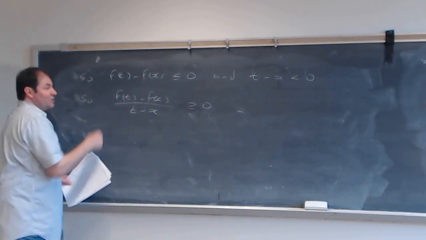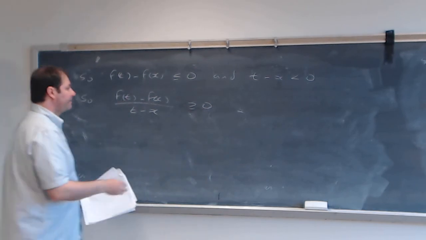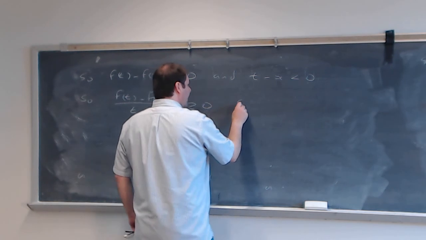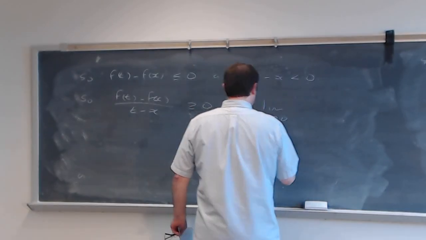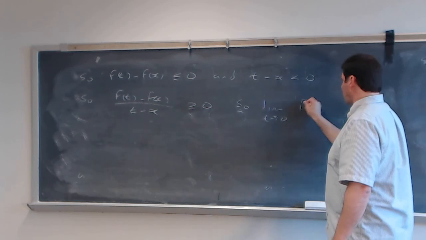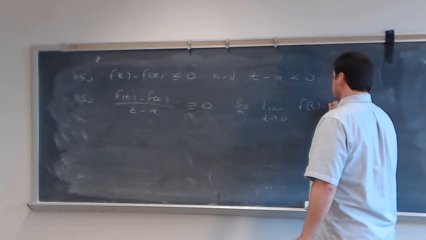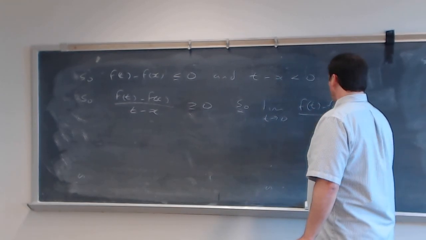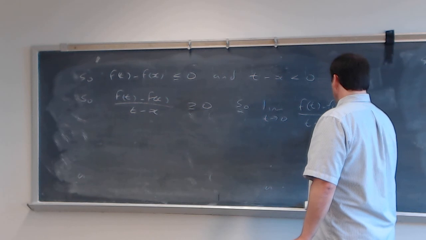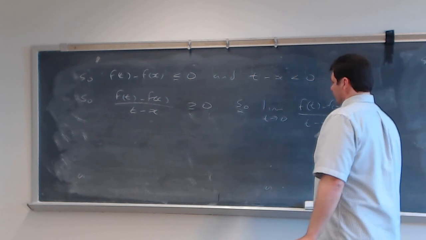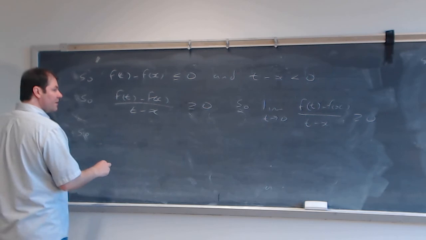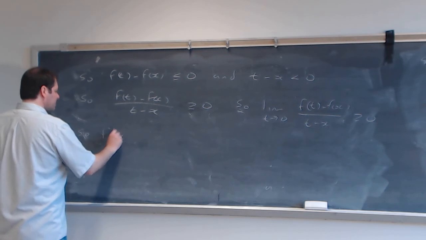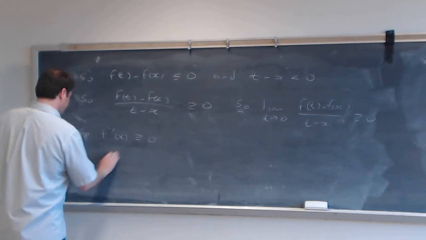It's like two negatives. What that implies is that the limit as t goes to x of f of t minus f of x all over t minus x has to be greater than or equal to 0. So f prime of x has to be greater than or equal to 0.